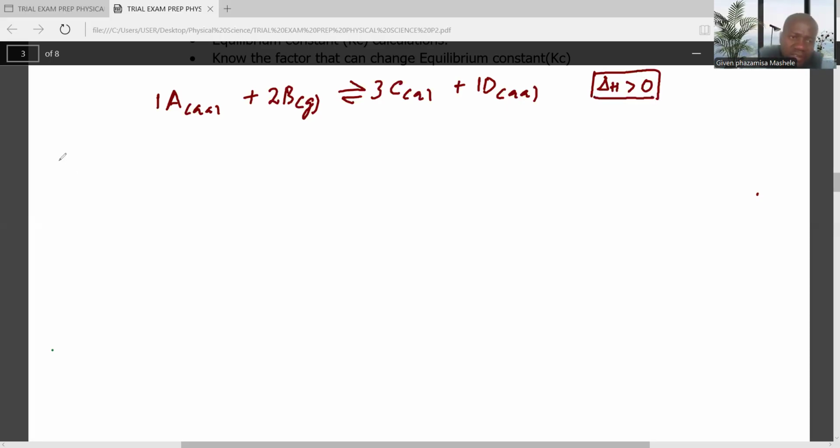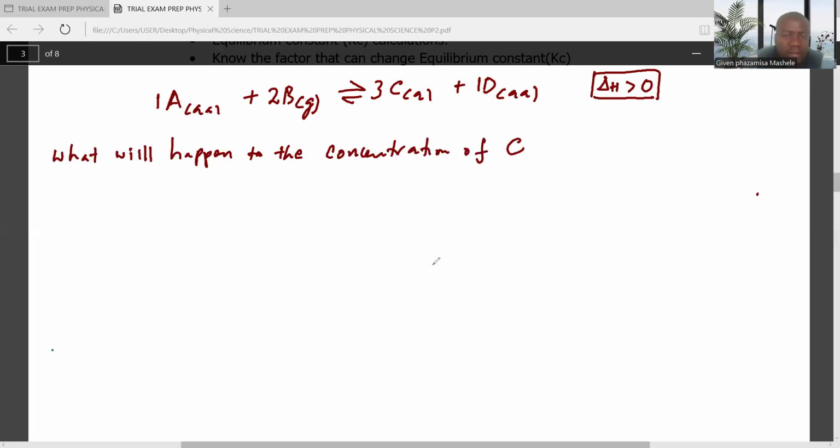Then the question says, what will happen to the concentration of C, just an example, if, number 1, temperature is increased. You only write down increase, decrease, or remains the same.